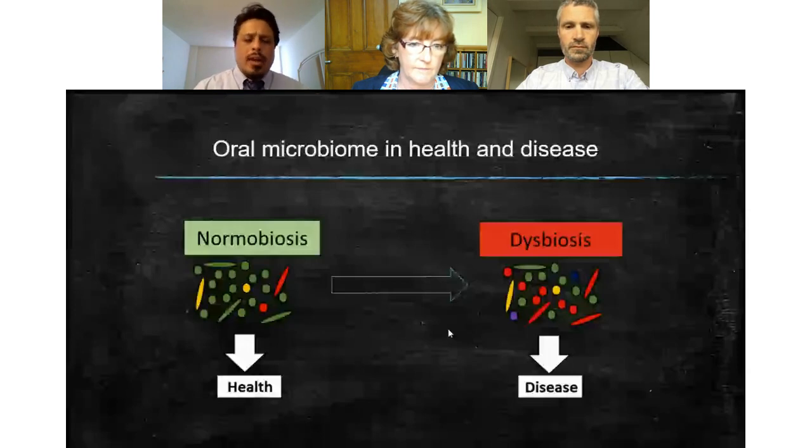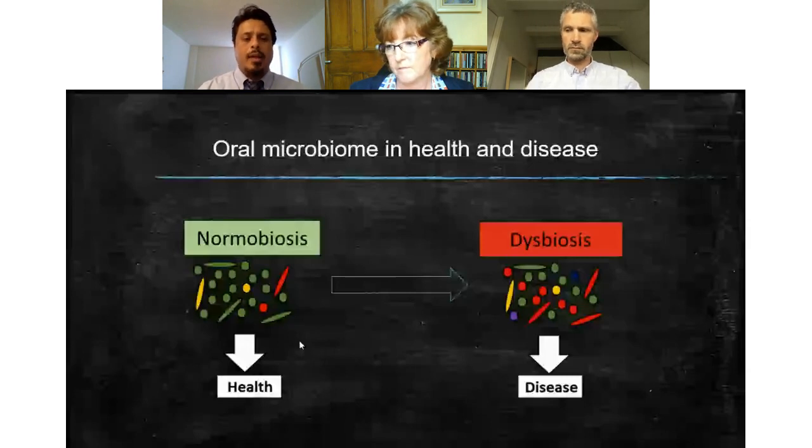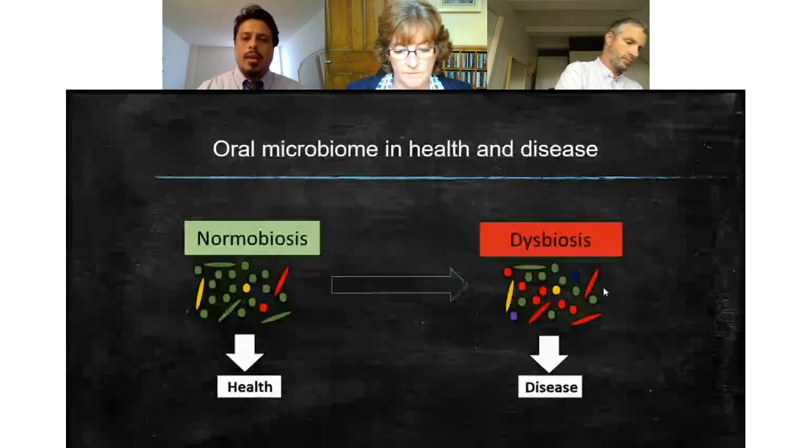So I like to start with this slide because my work revolves around this. Maybe everyone working in the field of oral microbiome works on the same concept, because it's increasingly recognized that dental diseases like dental caries and periodontitis are a result of a shift from a balanced microbial community state that we refer to as normobiosis to an imbalanced community, which we refer to as dysbiosis, and this is associated with disease.